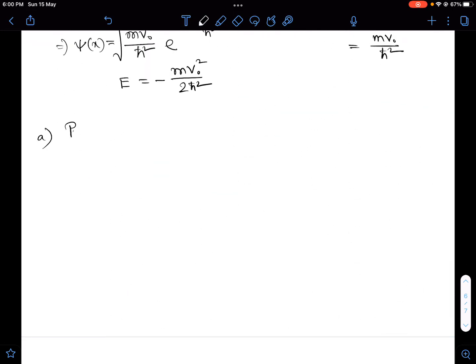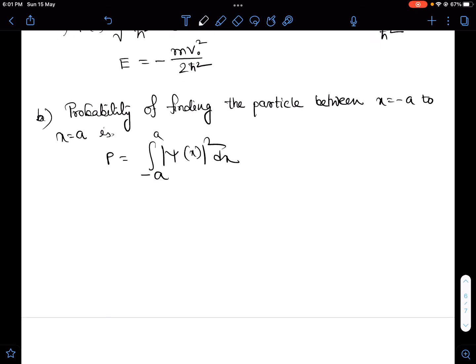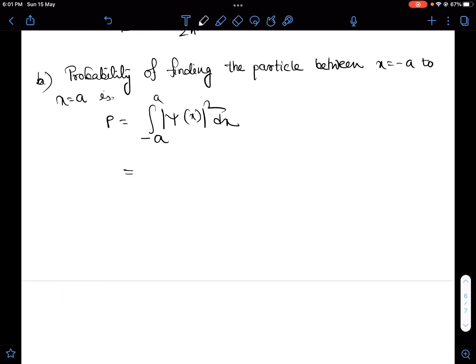So the probability of finding the particle between x equals minus a to x equals plus a will be the integral from minus a to a of psi x squared dx. So that is our probability, which you can easily calculate.